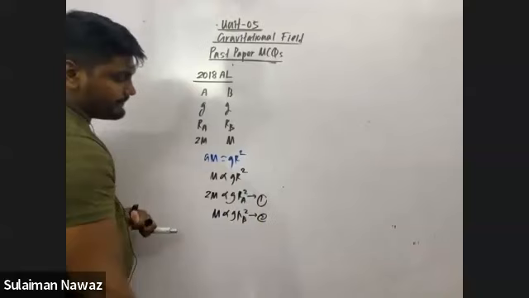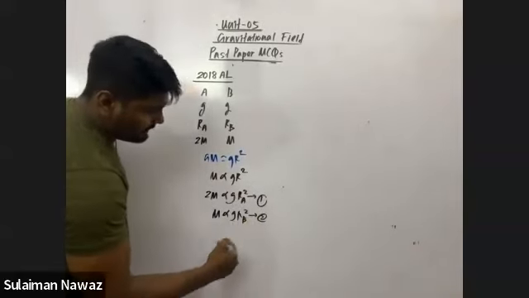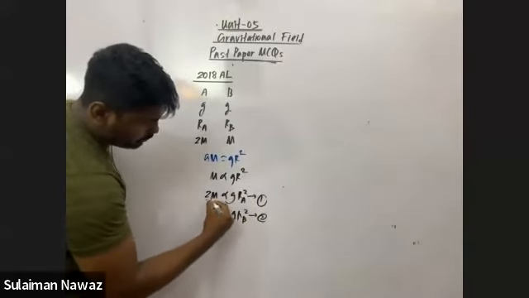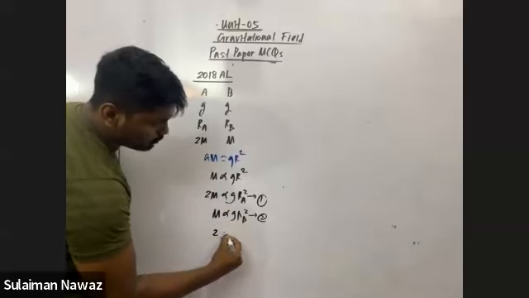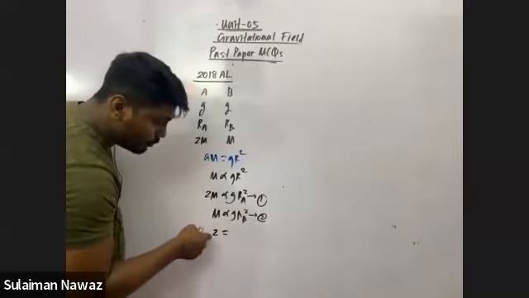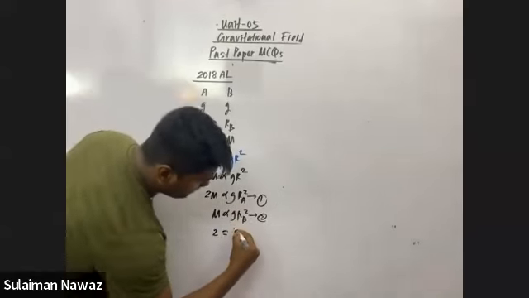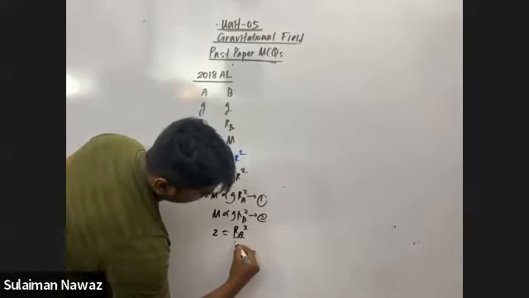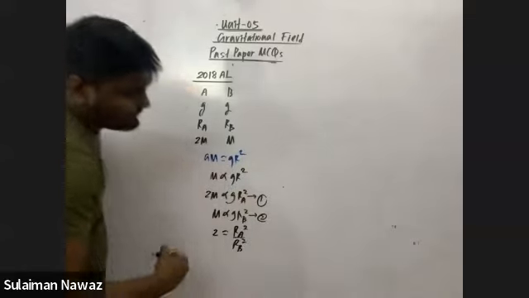So let's divide these two. What will you obtain? 2M over M means 2. g and g cancel out. RA squared over RB squared.